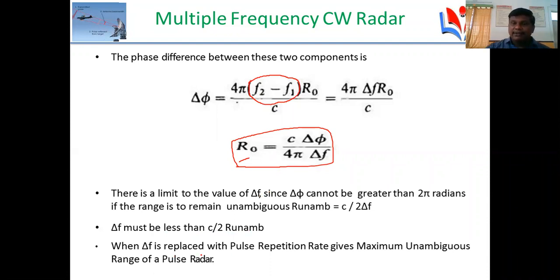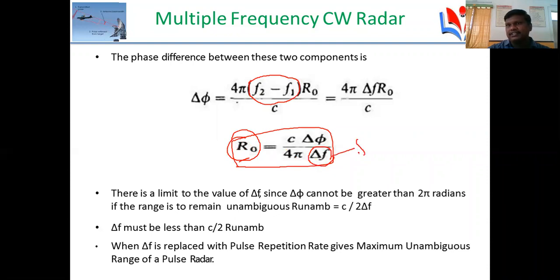When delta phi is replaced with the pulse repetition frequency, we get the maximum unambiguous range of the pulse radar. If it is replaced with the pulse repetition rate, that is FP, we are going to have the maximum value. So whatever the phase shift or frequency shift, the maximum range that we can measure is when delta F becomes FP.